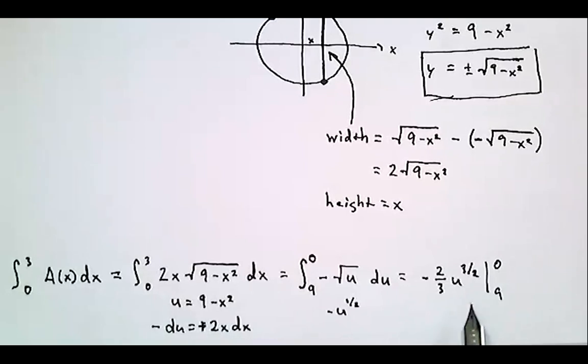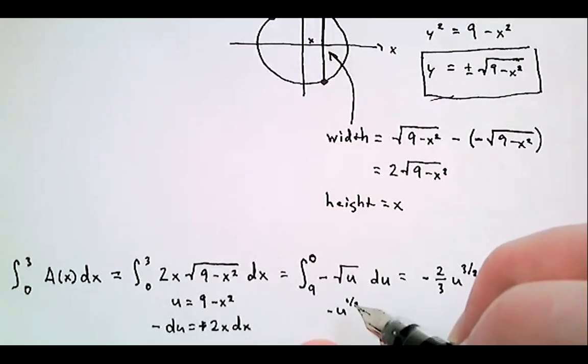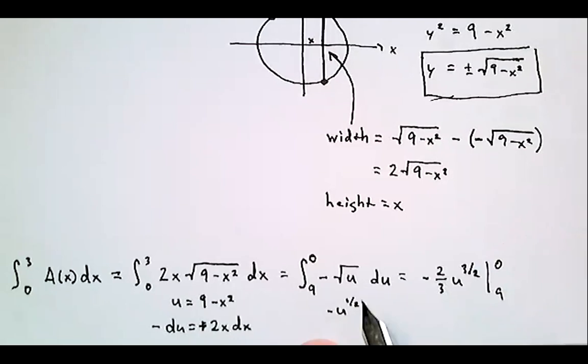Okay, so if anyone has maybe forgotten over the summer how to do this integral, the idea is that you add 1 to the power. So 1/2 plus 1 gives you 3/2. And then you have to divide by the new power. So dividing by 3/2 flips the fraction, and you're really multiplying by 2/3.